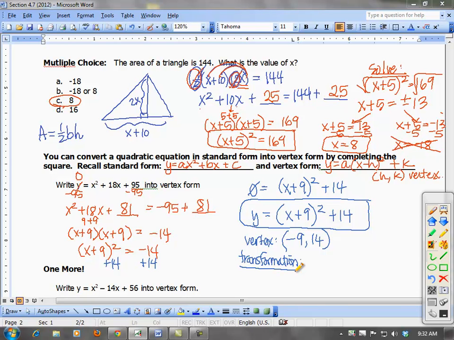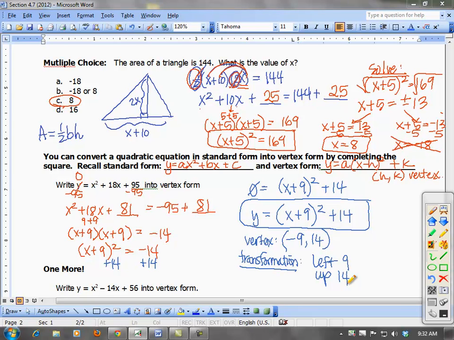Well, inside the parentheses, I moved left 9, and outside of the parentheses, I moved up 14. And so from vertex form, you should be able to start telling me key things about the parabola. Where's the vertex? How did it move? And then go from there. And so that's our goal with getting to vertex form. One, you can solve using it, which is fine. And two, you should be able to help tell me about a graph.